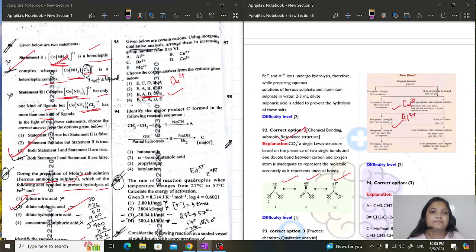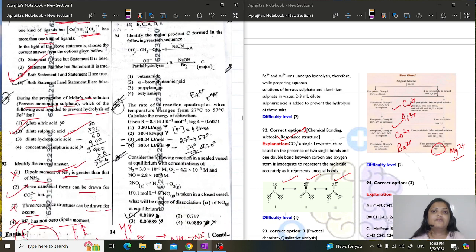Then it's cobalt in group 4. Next one is barium ions, and if no group is present, it's like group 5, and for magnesium it's group 6. So the order is option number 3.